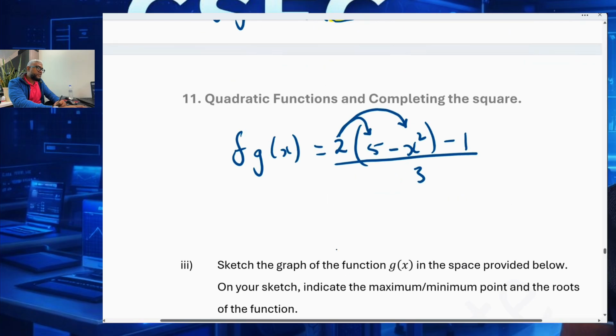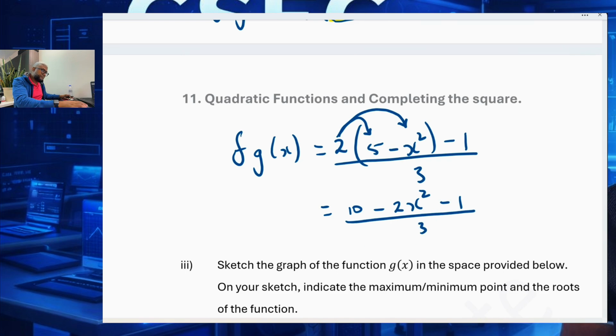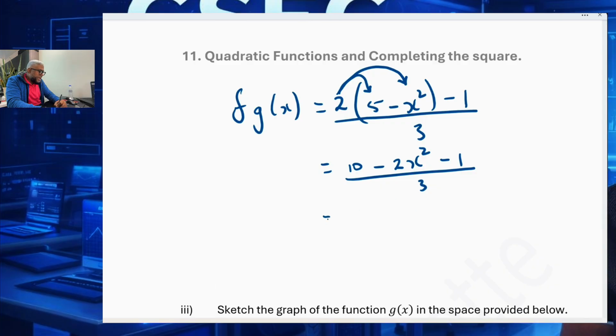So 2 by 5 gives 10, minus 2 by negative x squared gives 2x squared. You still have to put back the minus 1 all over 3. Everybody good there? So negative 2x squared, and then 10 minus 1 gives positive 9.